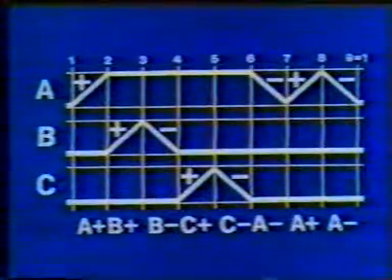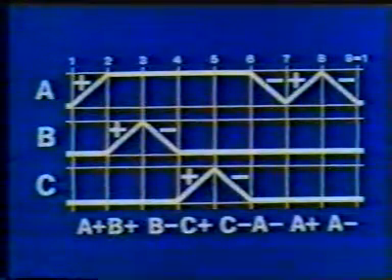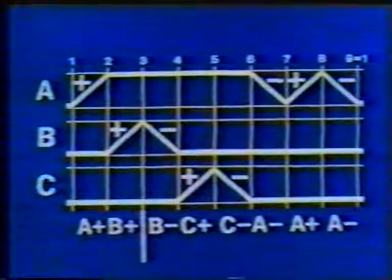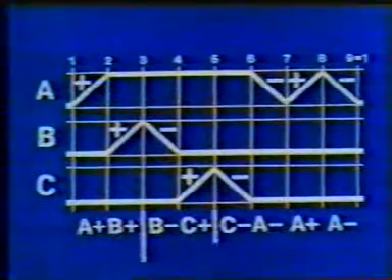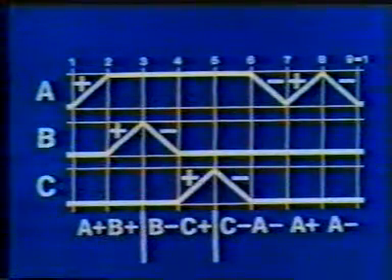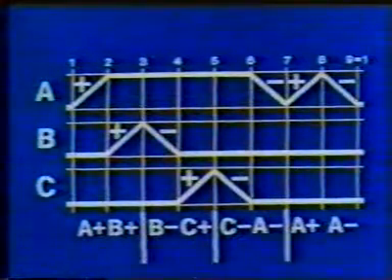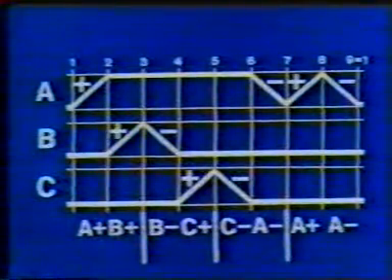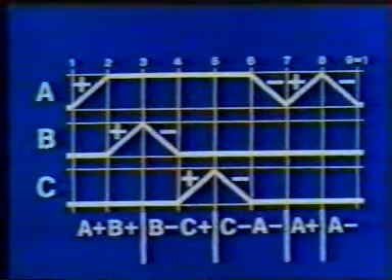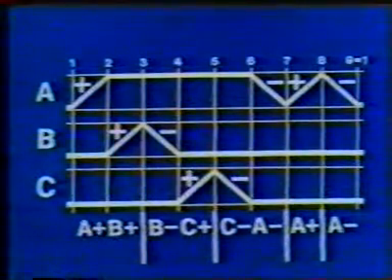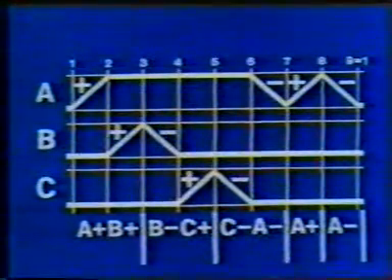Control circuit switchover must be effected between B plus and B minus, C plus and C minus, A minus and A plus and A minus, as well as between A minus and the start A plus.